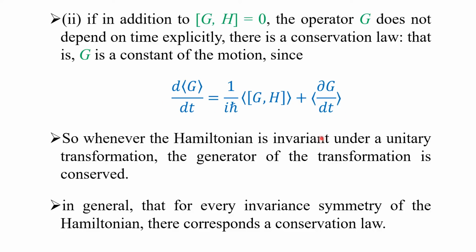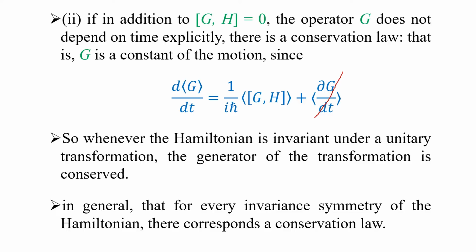So we assumed that G does not depend explicitly on time. Then the second term will become zero. This will become zero. Naturally, we have seen already this also will become zero.